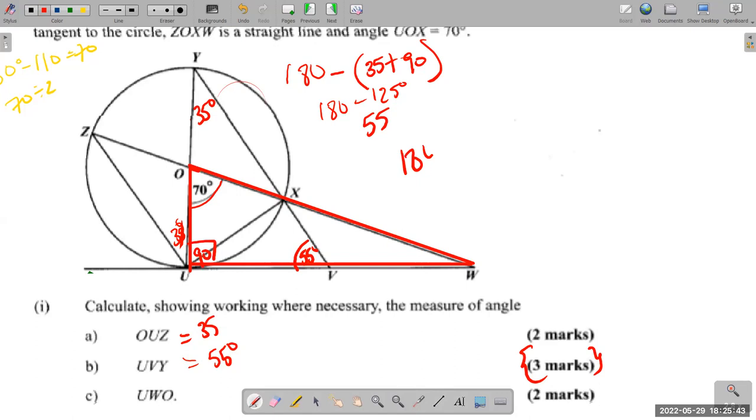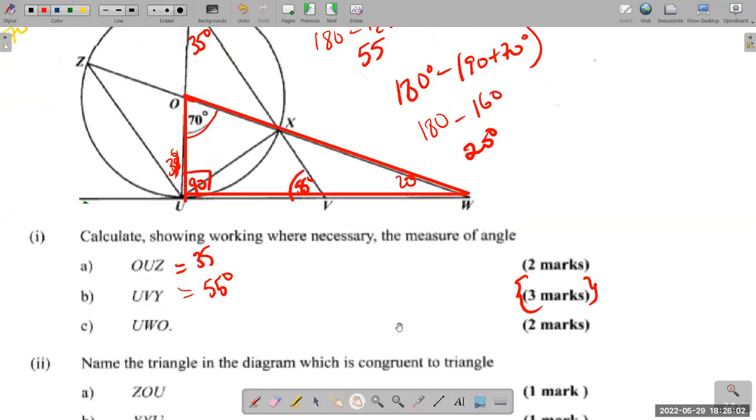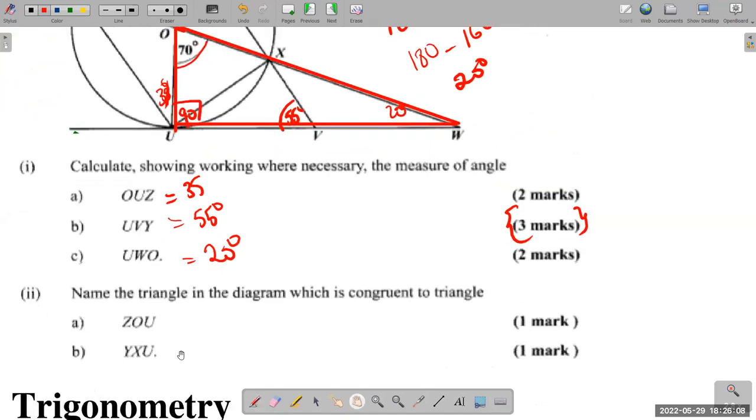So that's 180 minus 90 plus 70. Everybody with me? So that's 180 minus what? 160. So that's what? 20. Boom. Excellent.